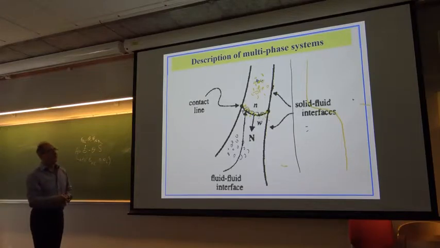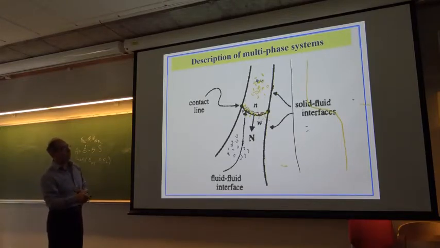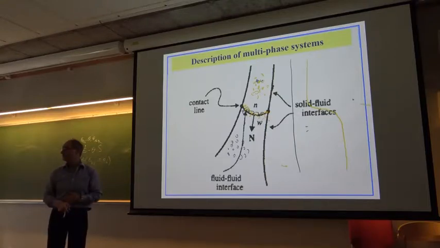Okay, but this region is indeed of molecular dimensions. If you want to solve Navier-Stokes equations, you cannot possibly model this with Navier-Stokes equations, because Navier-Stokes equations are valid here.